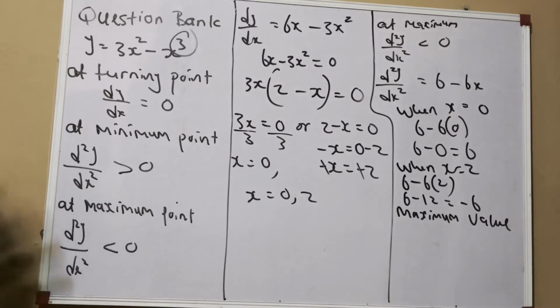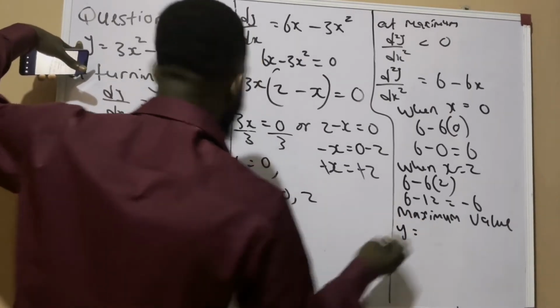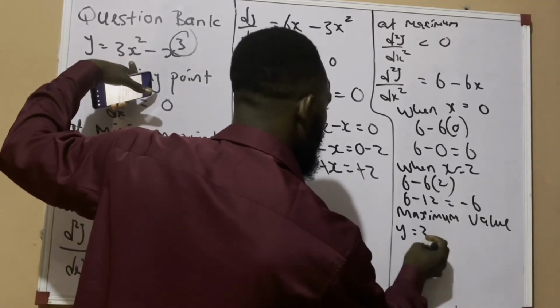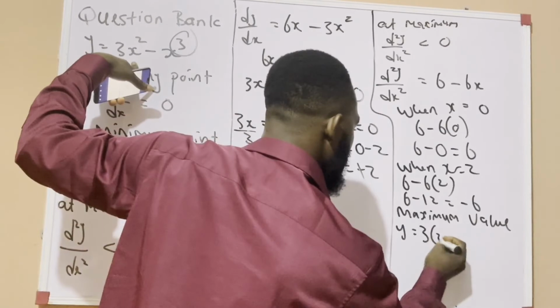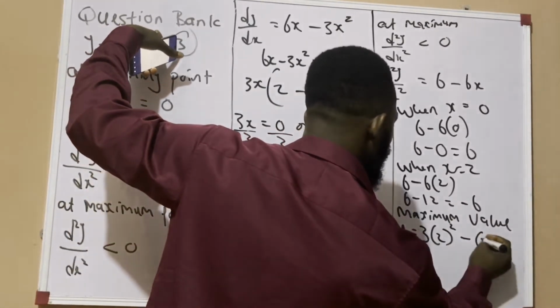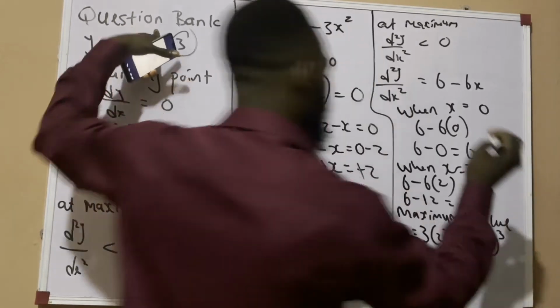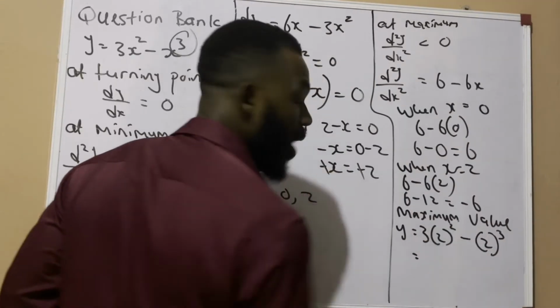Maximum value becomes, I told you value represents y. y is equal to 3 into the bracket of x. The x we are using now is 2. Raised to power 2 minus 2 raised to power 3. What do you mean? So here becomes 2 raised to power 2 is 4.